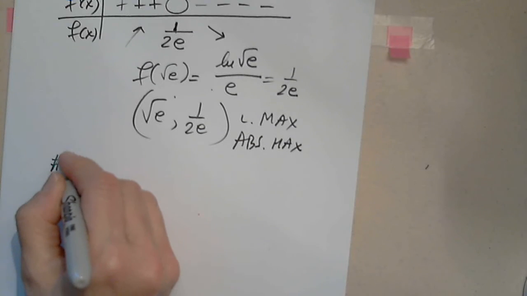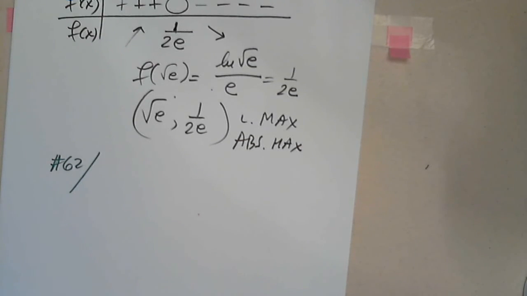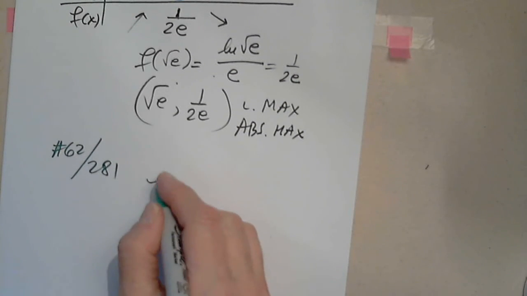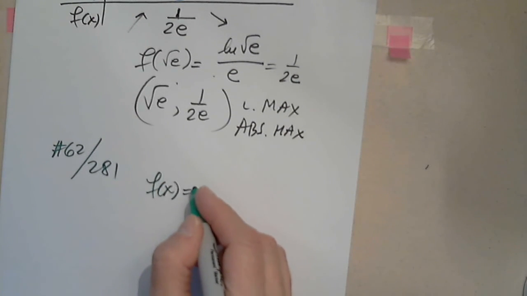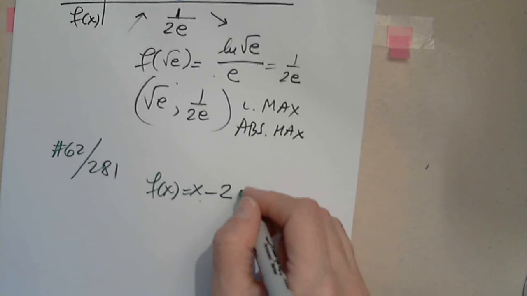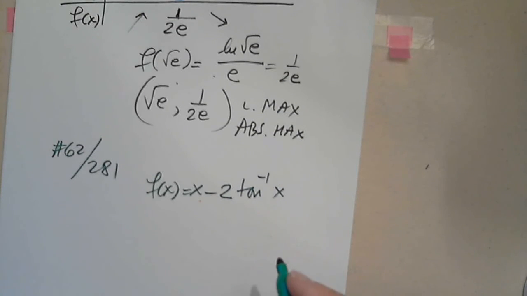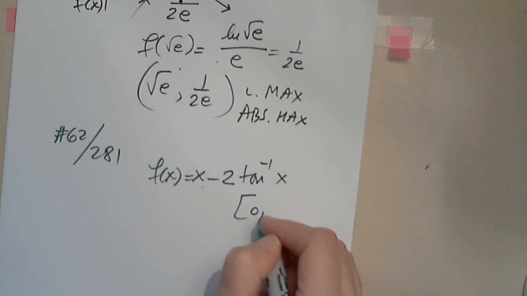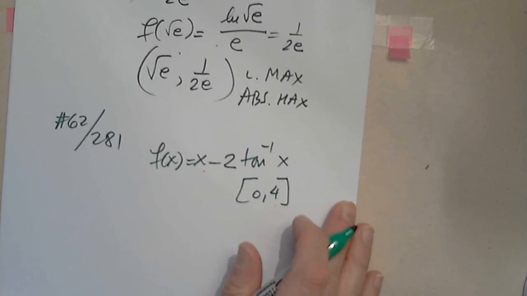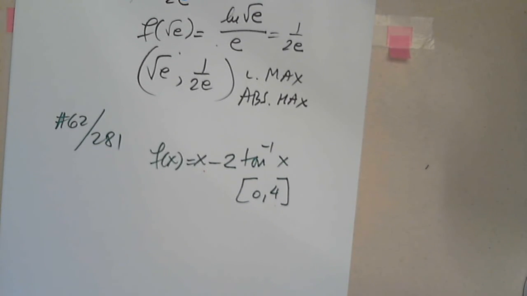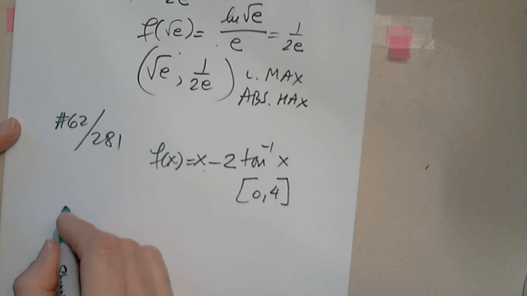Number 62 on page 281. f of x equals x minus 2 tangent inverse x, and the interval is 0, 4. I'll get my table going.